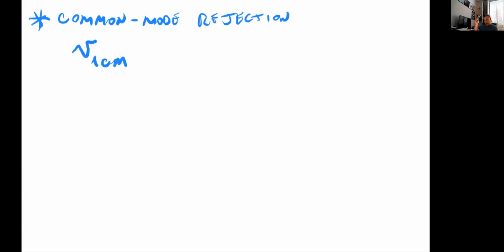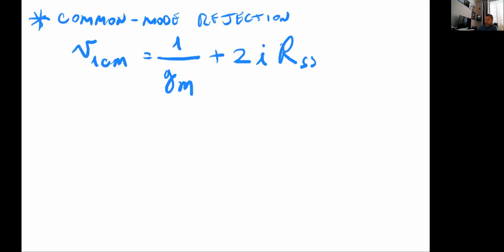And if you go back to the figure, where we had a source resistance as an abstraction for that biasing network at the source of the pair, that is going to be equal to a current, and also look at the small signal topology, times 2i as defined in the figure, times RSS. So these are elements of the figure that we just looked at.